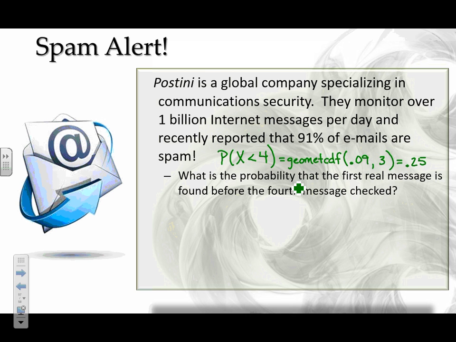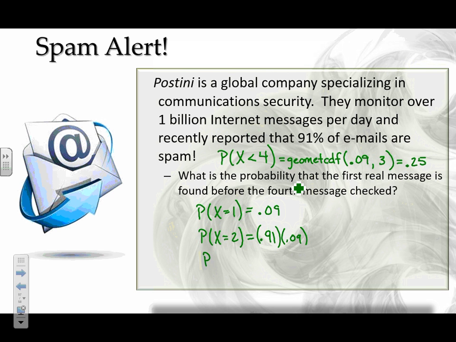So we could do PDF and then get that and then just multiply that by 3, basically. No, if you wanted to do the PDF version, you'd have to do the probability that x equals 1, which would be 0.09, because you're hitting on the first one, right? You have to calculate the probability that x is equal to 2, which would be 0.91 times 0.09.